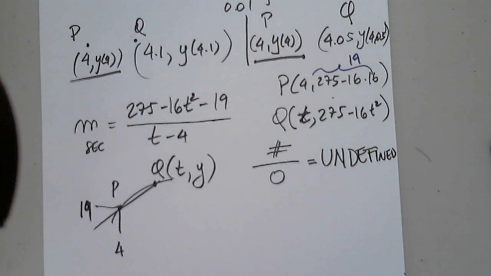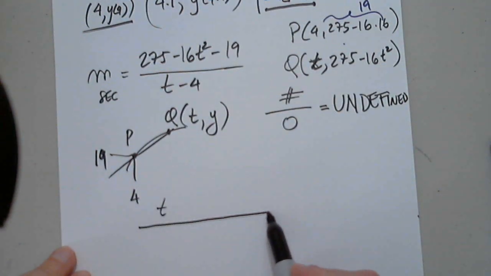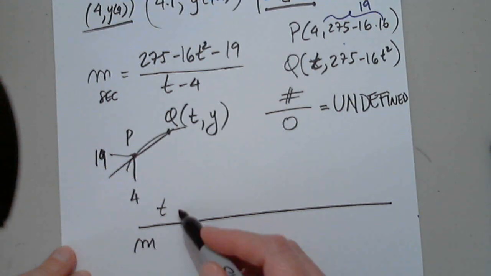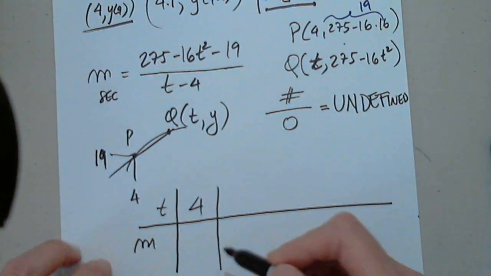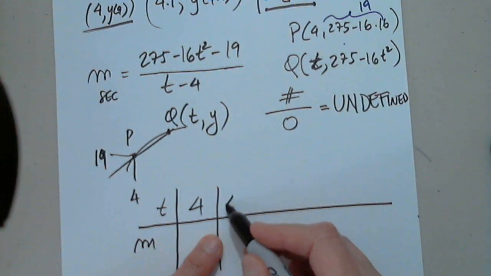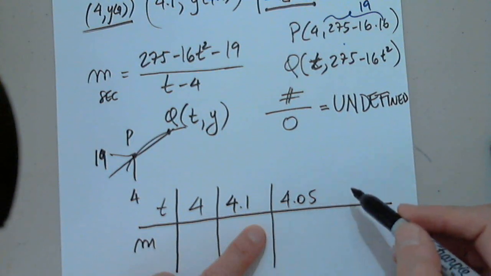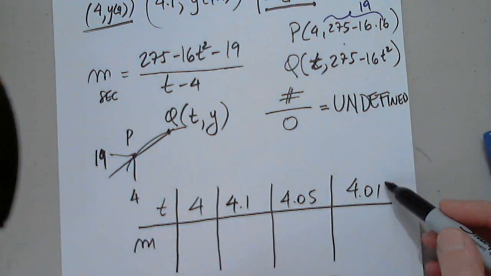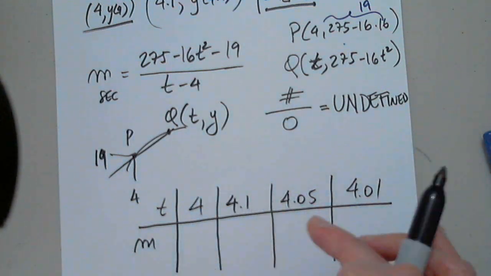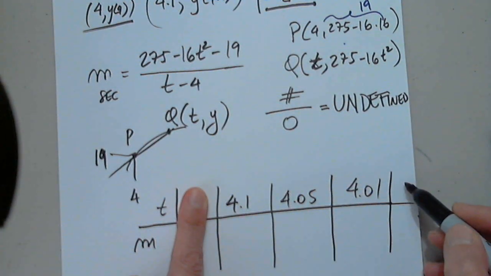So here's how we present the information. So t and the slope. So I'm going to leave the 4 blank for now. For 4.1, for 4.05, and for 4.01, I really wanted to put them reversed in the correct order, so I'm going to erase this from here because I don't want it there.